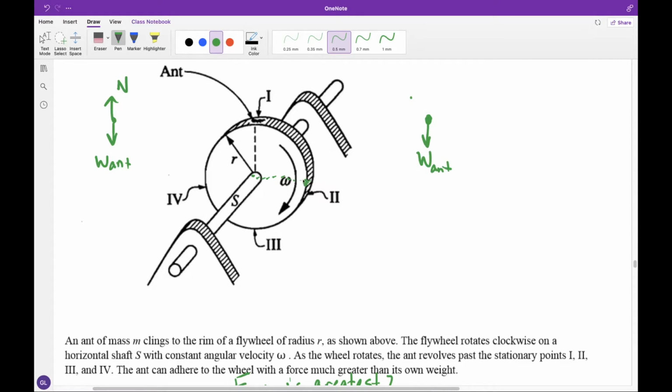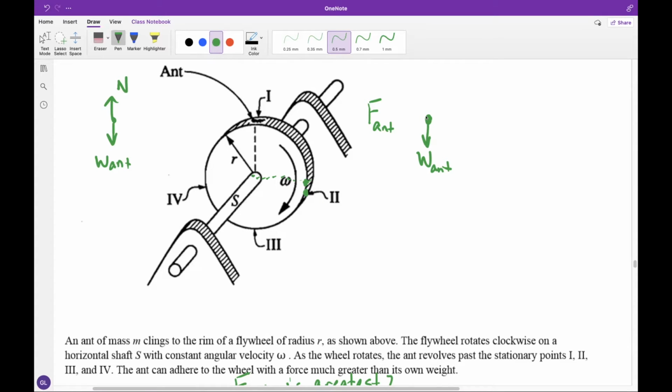And actually, we'll spare ourselves the assumption, because it doesn't quite make sense if the force from the ant, its grip, is perfectly this way, because we're going to need some component of its force to be vertical to balance out the weight. But by and large, it could be essentially horizontal.